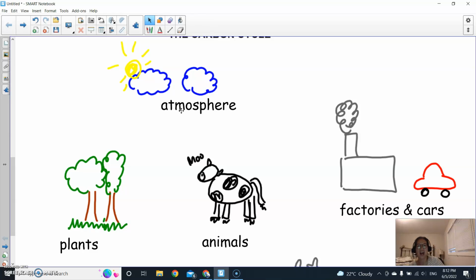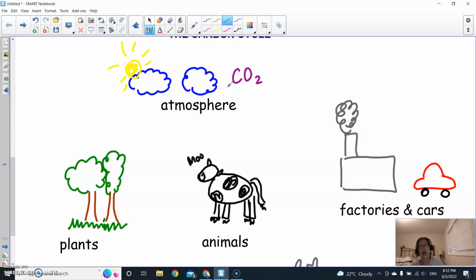So in the atmosphere, let's just start over there. In the atmosphere, we have carbon in the form of CO2, carbon dioxide. Then what happens, I'm going to put all the forms of it in purple, and then in green will be the processes.